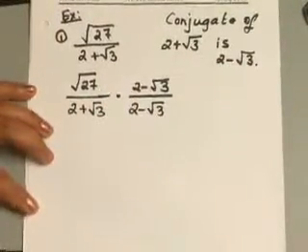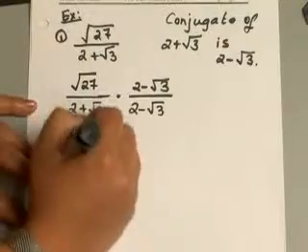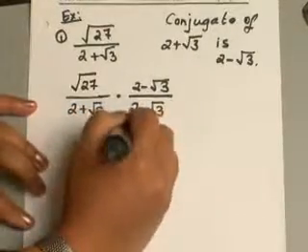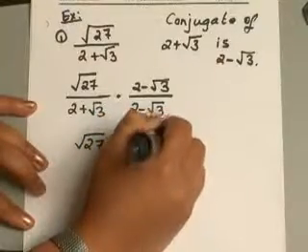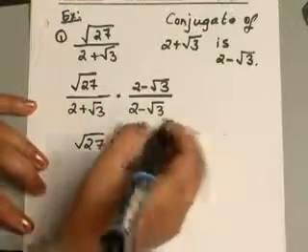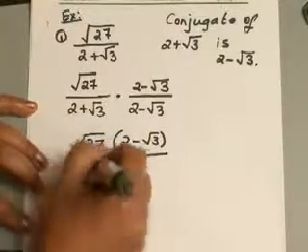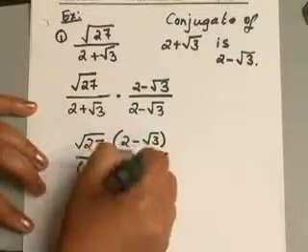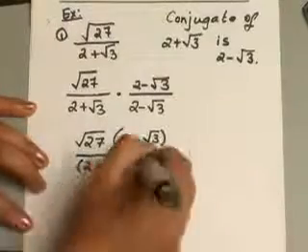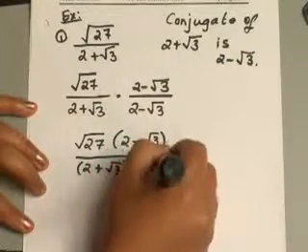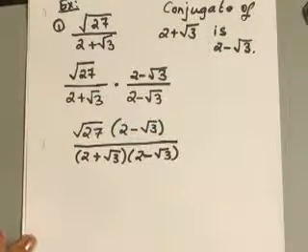So this will give you square root of 27 times 2 minus square root of 3, and the denominator will be 2 plus square root of 3 times 2 minus square root of 3. Simplify that and see what you end up with.